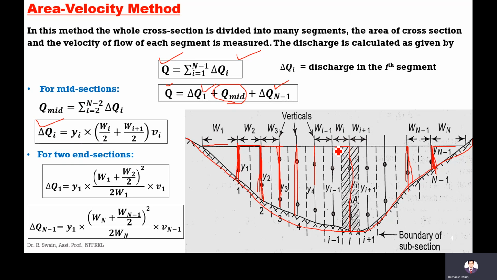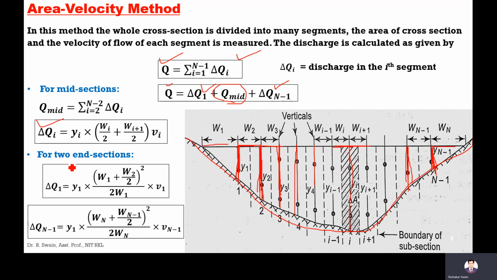This side width and this side width, for I section, Wi and Wi plus 1. This side section by 2 plus this side section by 2 is the average width. That means half of this side, half of this side. The average width of mid sections is considered half from both sides.